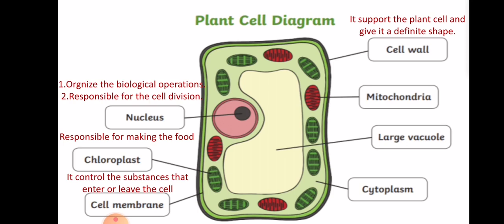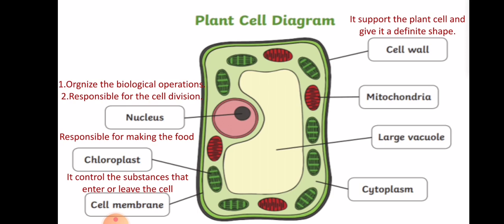And the nucleus is like the brain of the cell. It organizes all the biological operations in it. It's also responsible for cell division. You know that a plant is a multicellular living organism, so the nucleus is responsible for cell division. Next we will talk about the chloroplast, the green parts.